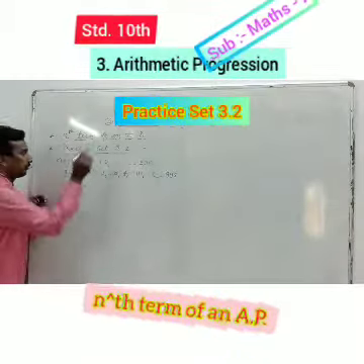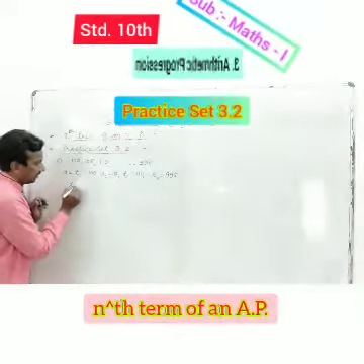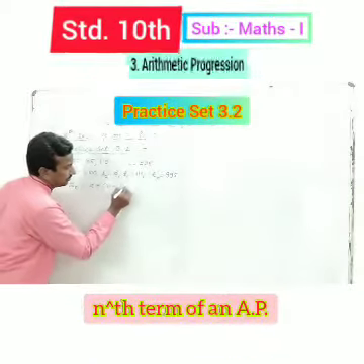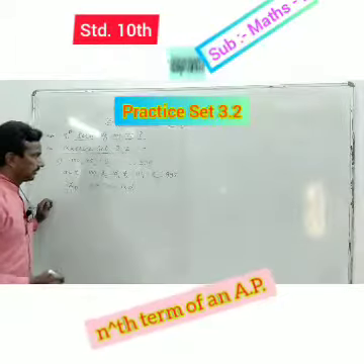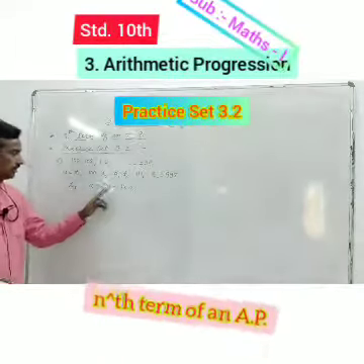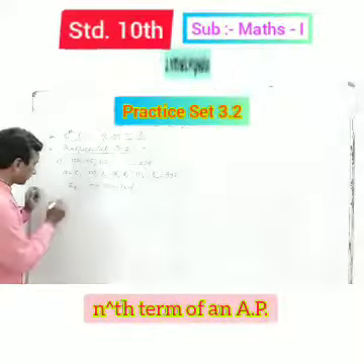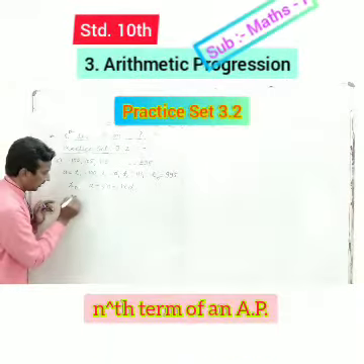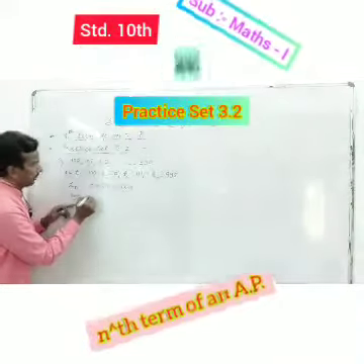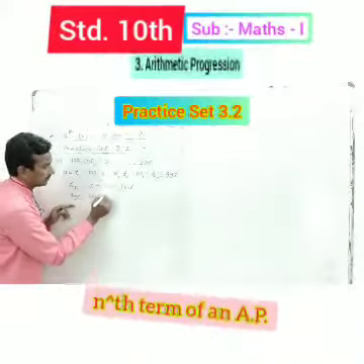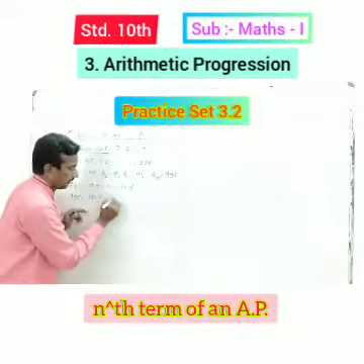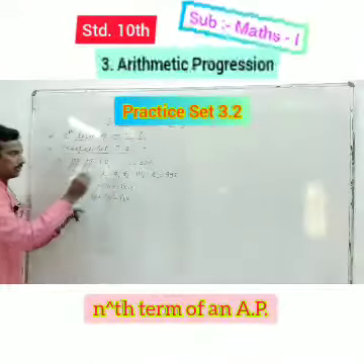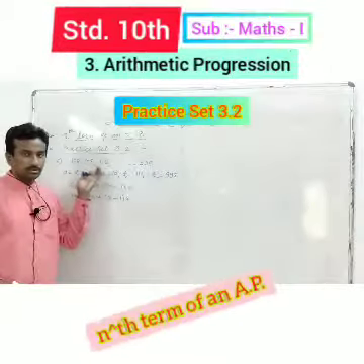We know the nth term of an AP, Tn is equal to A plus n minus 1 into D. Now we have to find the value of n. Tn is 995. The value of A is 100, plus n minus 1 into D. D means the difference between any two consecutive terms.